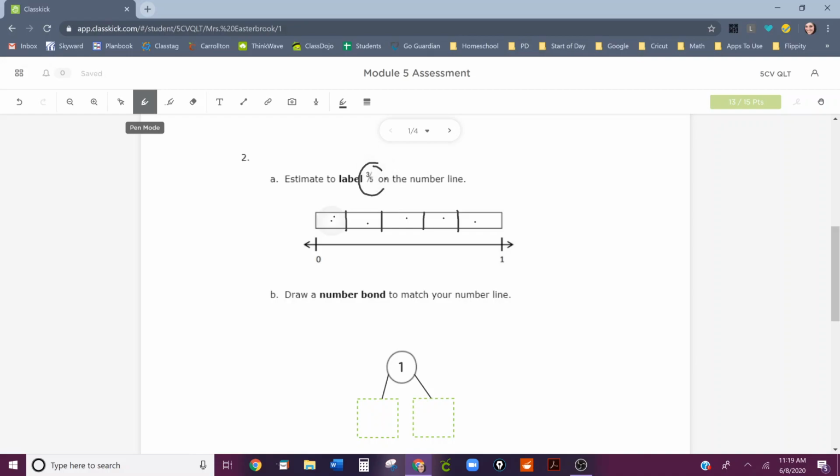So I'm going to do 1, 2, 3. So this line here shows where 3/5 is. So I'm going to move the line down here on the number line. And that is 3/5. Okay, so I used the fraction strip to help myself label the number line where 3/5 would go, and that was worth 1 point.